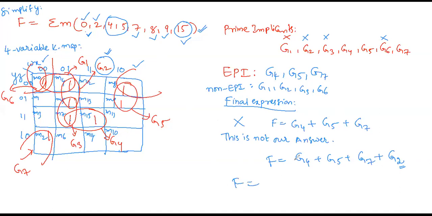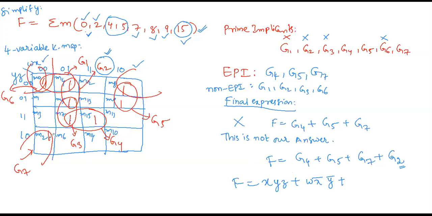Now write down the expression. F is equal to G4. In G4, W is varying, X is constant and 1. So X, Y, Z. Next G5. W value 1, 0 is X. So X bar. Y value constant and 0.